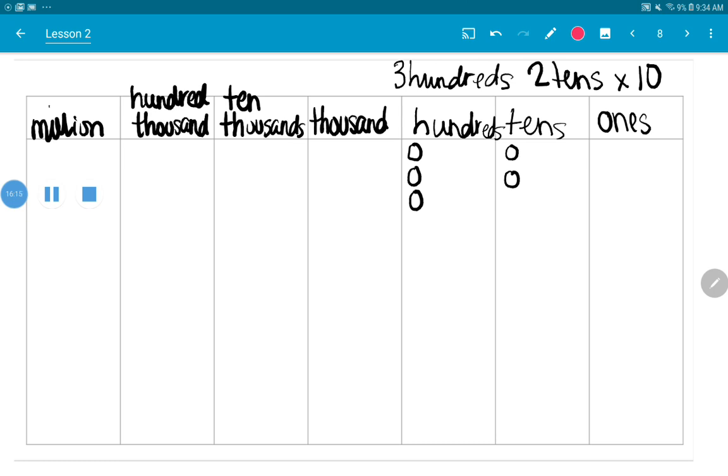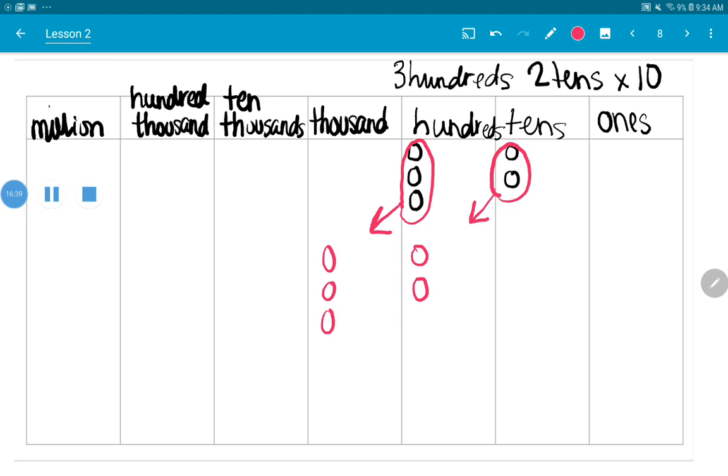Olivia, what did you do? I put 3 hundreds and then I moved them over to the thousands and then I moved the tens over to the hundreds. Yeah, those hundreds become thousands, and then the tens become hundreds.